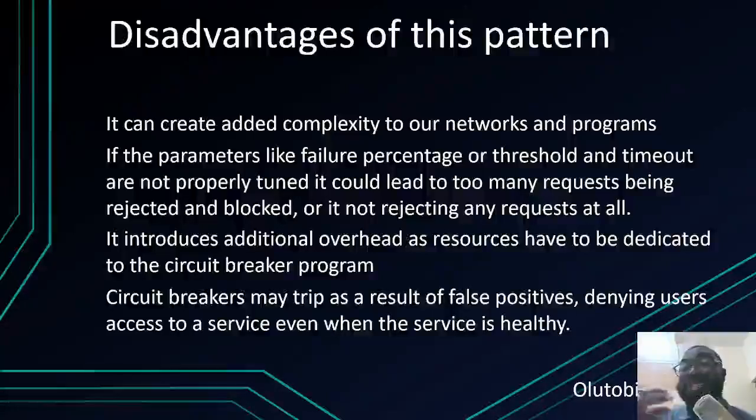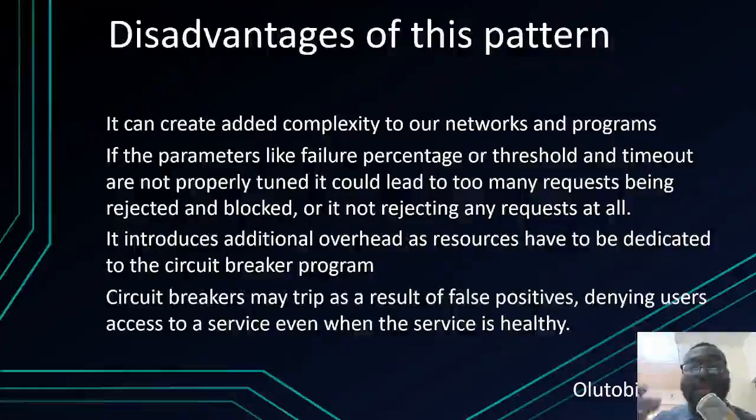So this can be seen as a false positive by the circuit breaker, and it may cause the circuit breaker to trip even though the downstream service is up. So that is a risk you run with a circuit breaker.